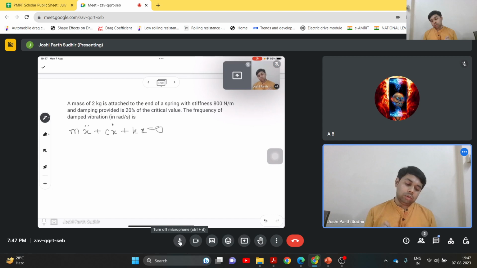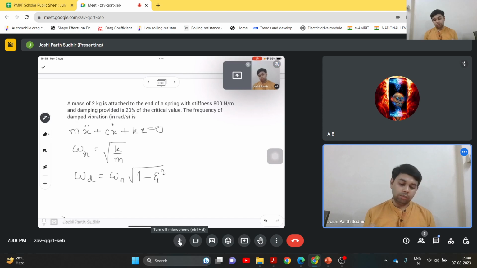So the undamped natural frequency will be basically root of k by m, and the damped natural frequency is basically omega n into root of 1 minus zeta square.